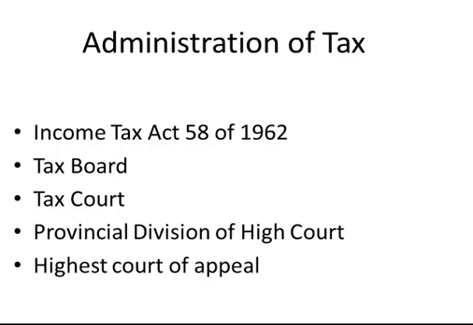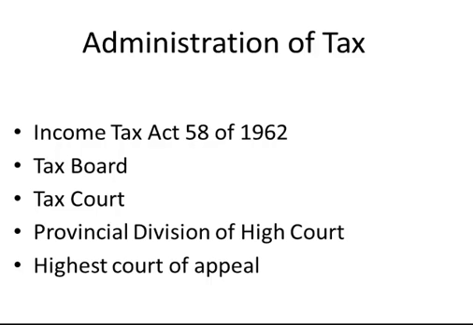The tax board, the tax court, the provisional division of the High Court, and then the highest court of appeal. So you literally have to start at the bottom. If you do not adhere to the provisions of the Income Tax Act and you have a problem, you will go to the Income Tax Board.